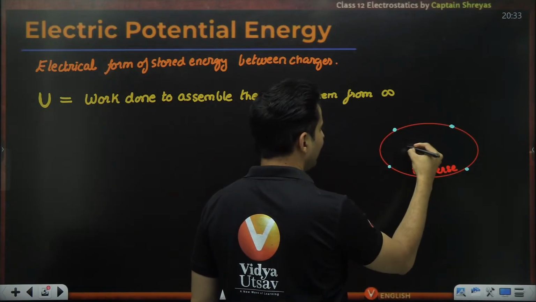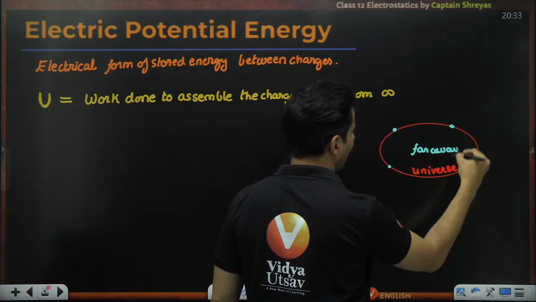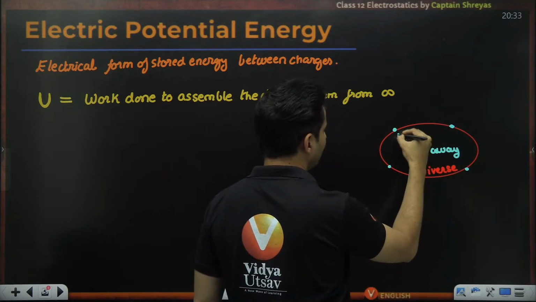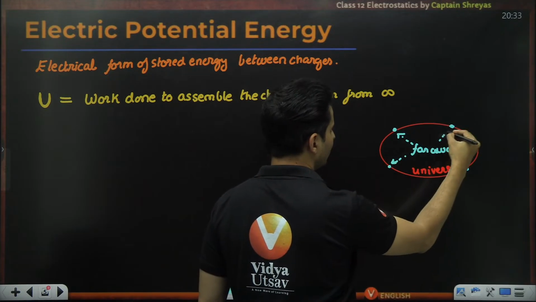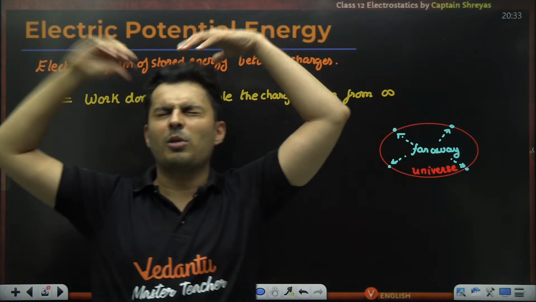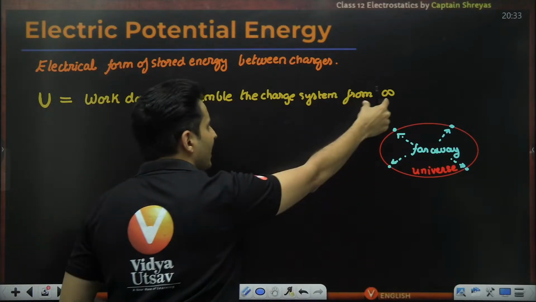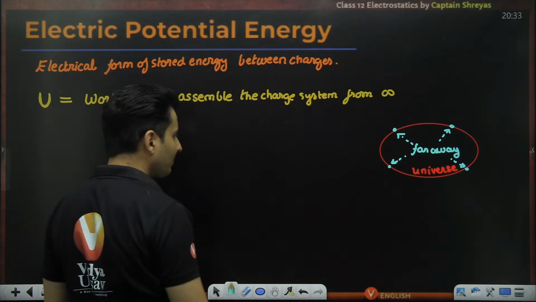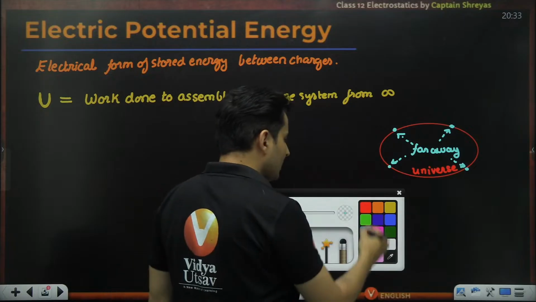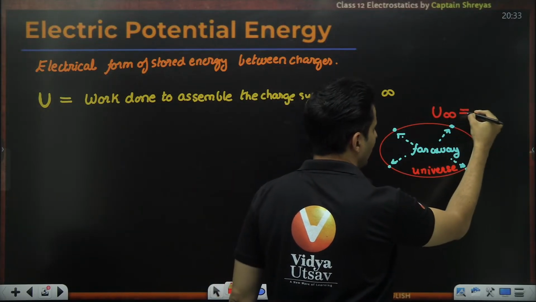They hardly know that they exist because they are very far away. Kilometers is an understatement for them. So when they are infinitely far away, such a system will have a potential energy of 0.